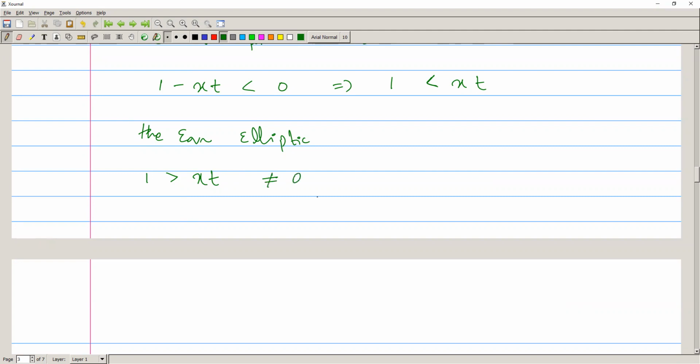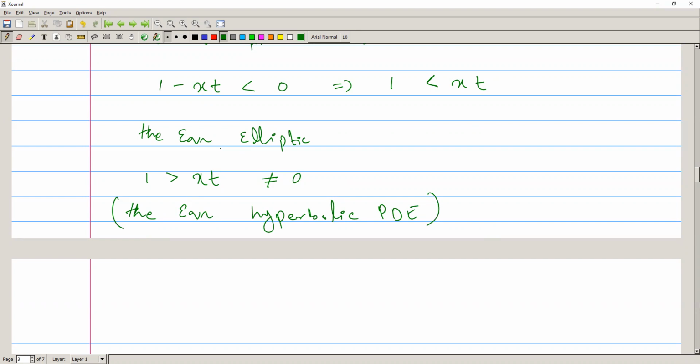Because we have already taken equal to 0. So the value will be positive and it will be hyperbolic. Right, so you guys understand now how this is working, right?